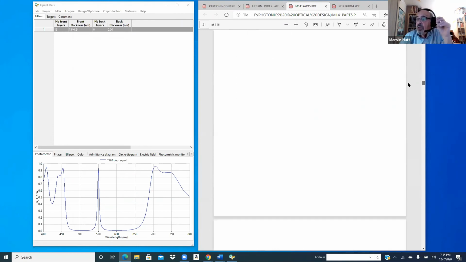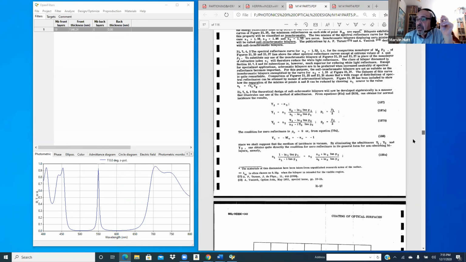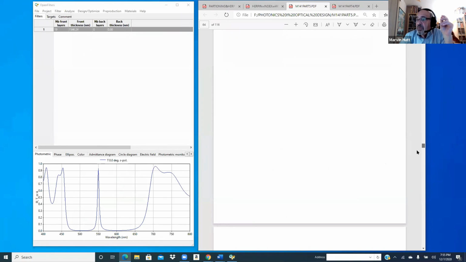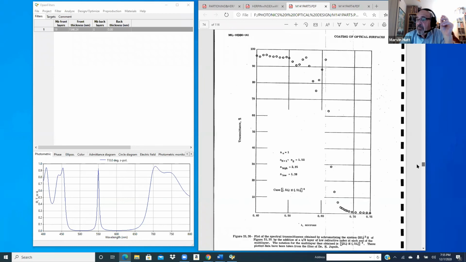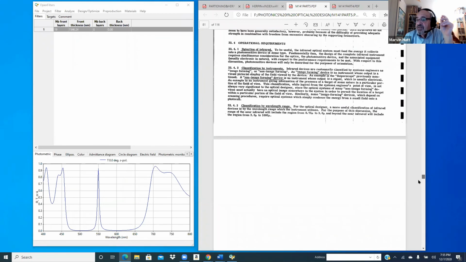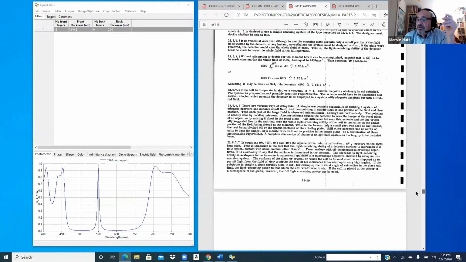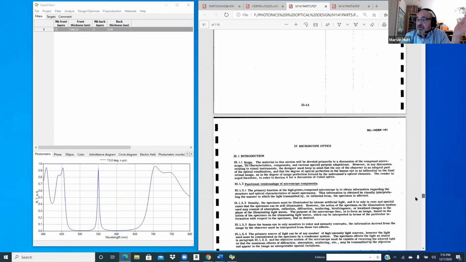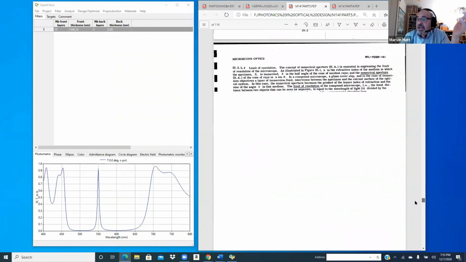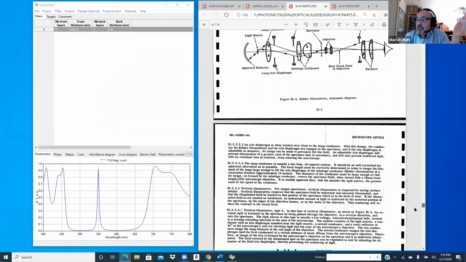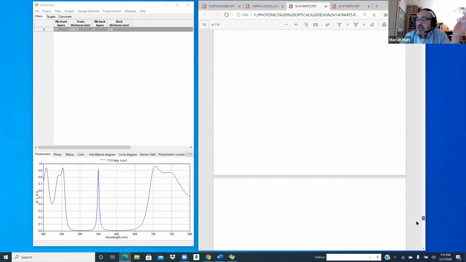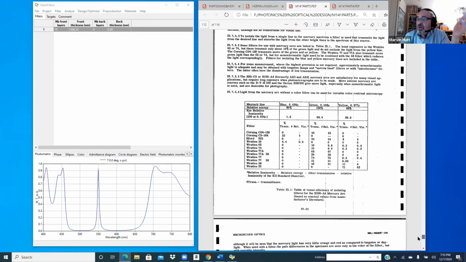I'm looking for the interference filter pictures. Bear with me, and then we will go over this again Wednesday to give you a feeling for the filters that you're going to be specifying and what their problems can be. This is microscope optics, and I think that's it for.